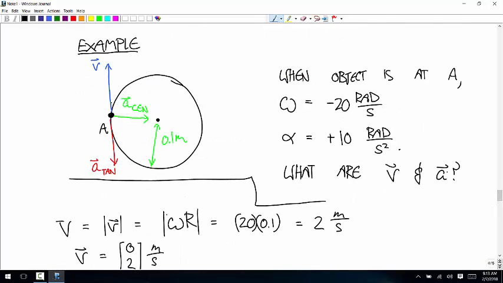That's because we knew that since omega and alpha have opposite signs, it's slowing down. So the velocity and the tangential acceleration have to have opposite directions.